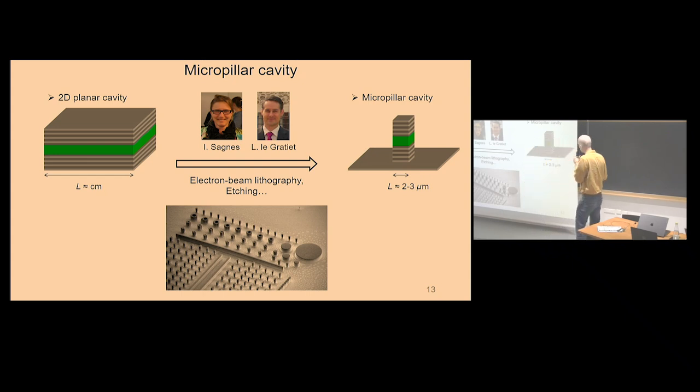So our building block is going to be a micropillar, a small cylinder, typically a few microns in diameter, where the light is confined not only in the z direction. This is typically the dimension of the wavelength of the light that propagates in the medium, so it's in fact confined in all directions. It's confined in 3D.